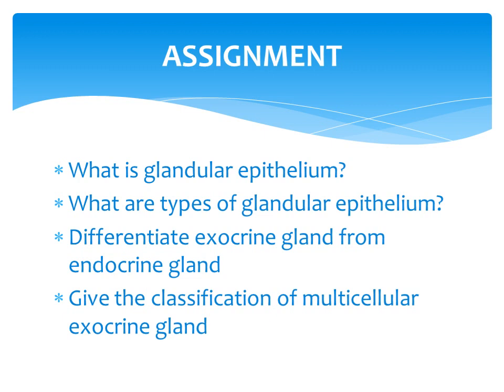Or if they ask how this multicellular gland is classified based on its mode of secretion, we can write three types: merocrine, holocrine as well as apocrine. But here the question is, give the classification of multicellular exocrine gland, so of course you have to write all three bases. Understand?